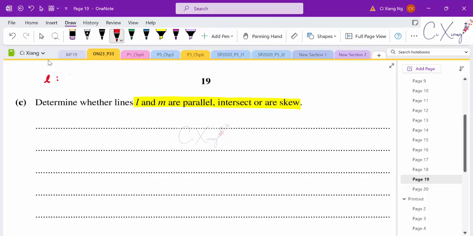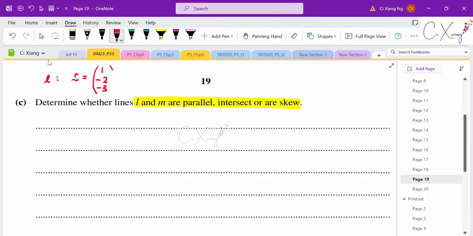So what is the equation for the line L? The vector equation just now is r equals to, I prefer to make it in the column vector form. So I just help you to recall a little bit.